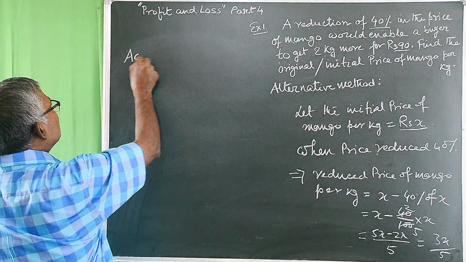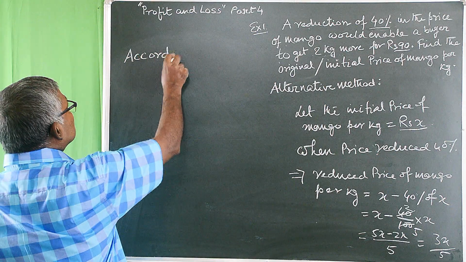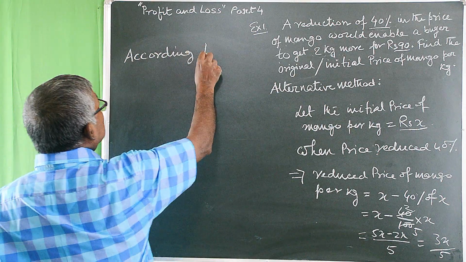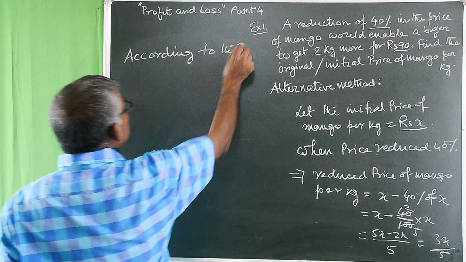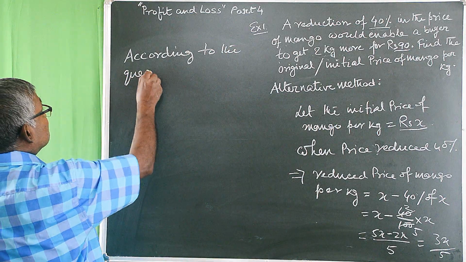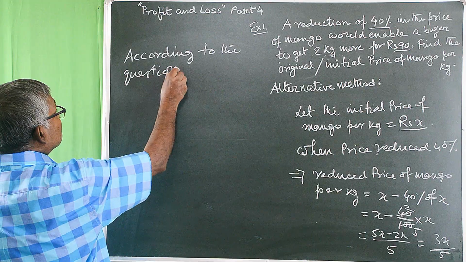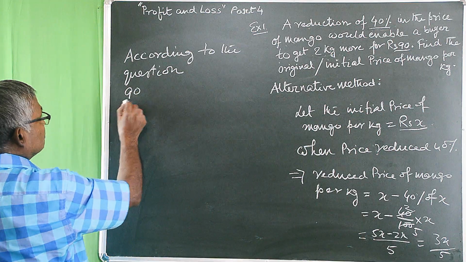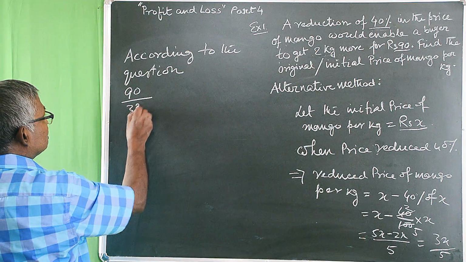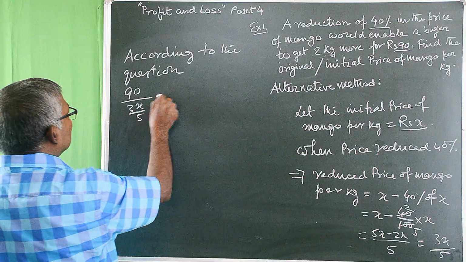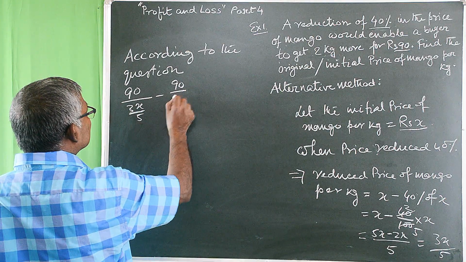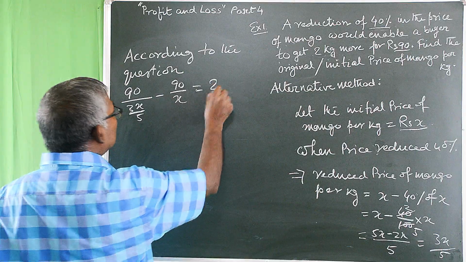According to the question, 90 by 3x by 5 minus 90 by x equals 2 kilo.